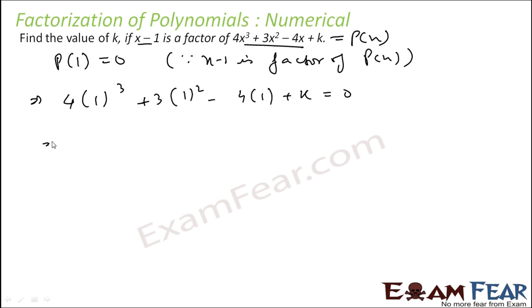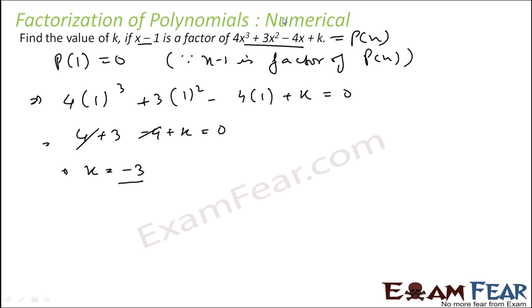So you solve this. This becomes 4 plus 3 minus 4 plus k is equal to 0, and this gets cancelled, so k is equal to minus 3. So for k equal to minus 3, x minus 1 is a factor of this particular polynomial.